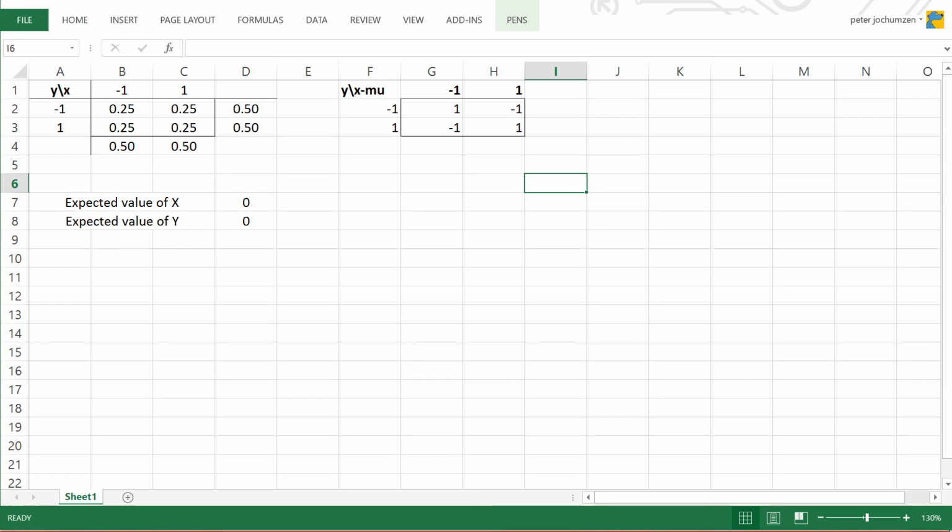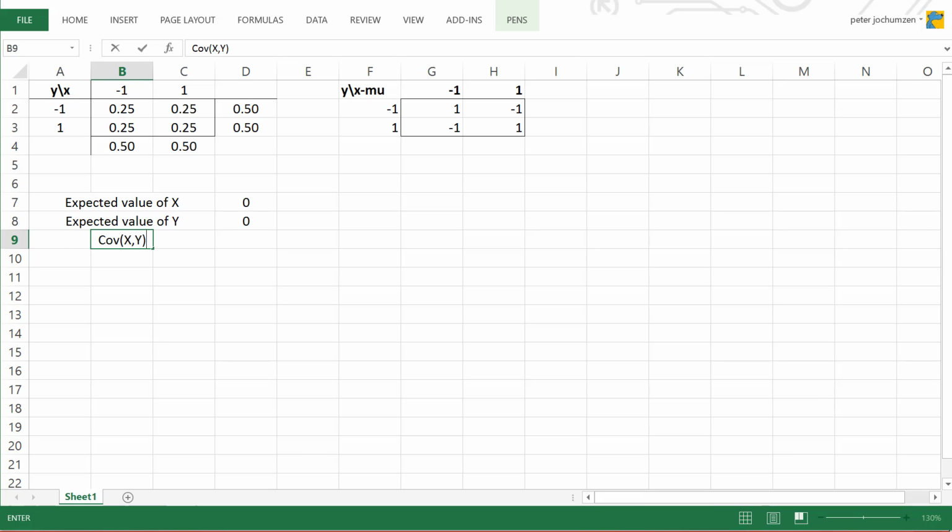So once we have calculated these products, the covariance is simply the weighted average of these numbers, weighted by these probabilities. So the covariance between x and y, let's write it here, cov x comma y.